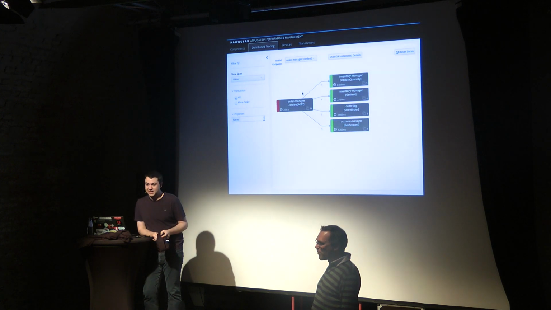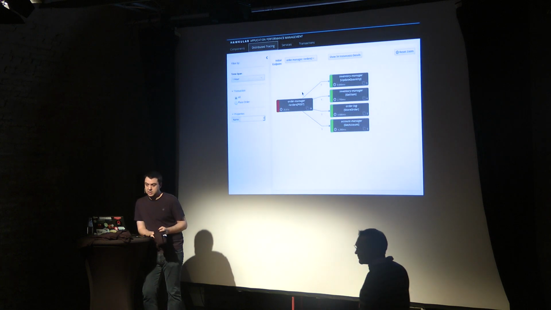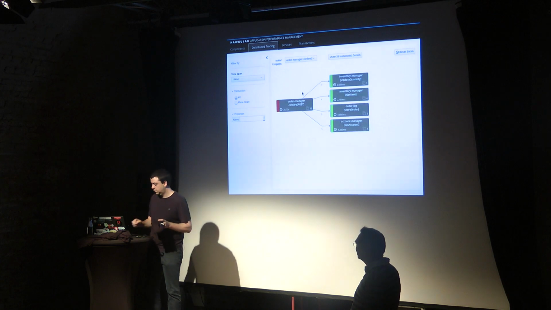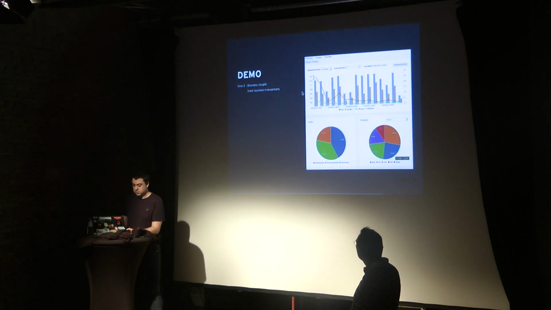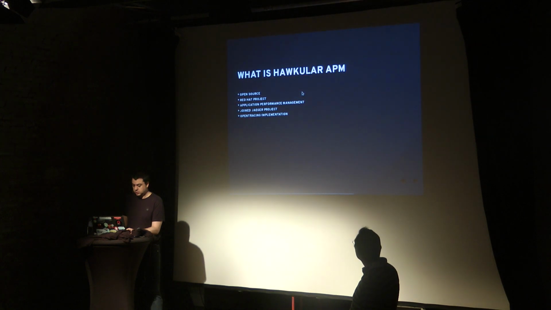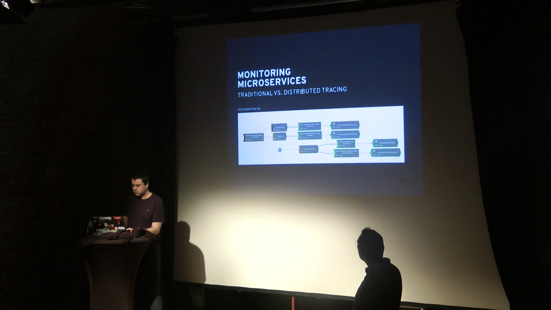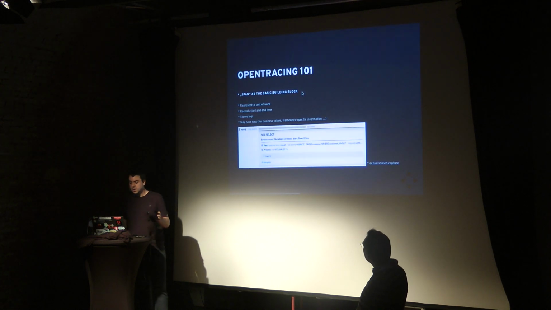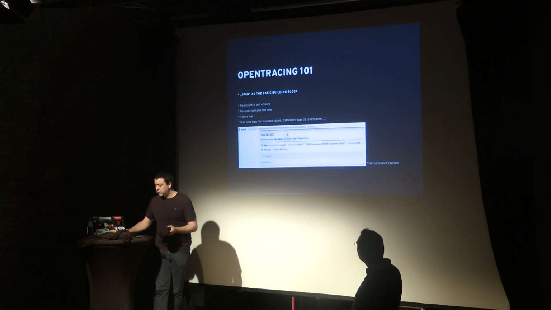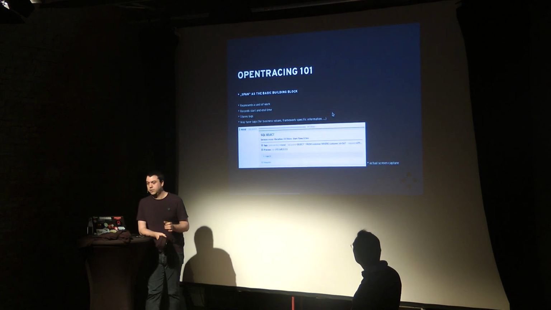I have a question about the header. What exactly information can be set there? Is it only about tags or some special values as well? Let me see if I can find this slide here. Right, so a span might have tags.